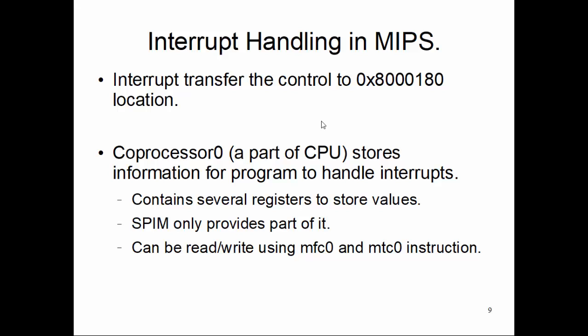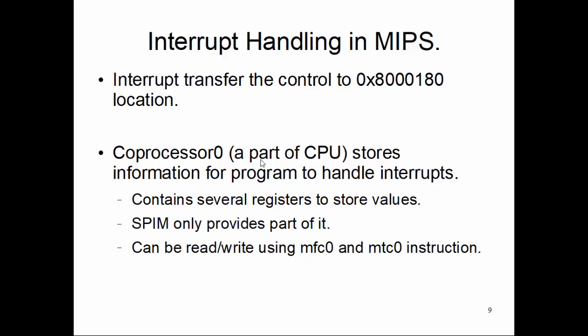Now, interrupt service is handled by a parallel processor with respect to the generic processor that we described. In MIPS or MARS, it is called Coprocessor 0. Unlike Coprocessor 1, which is the floating point processor and usually resides outside of the processor, Coprocessor 0 is usually part of the CPU and stores information for programs to handle interrupts.